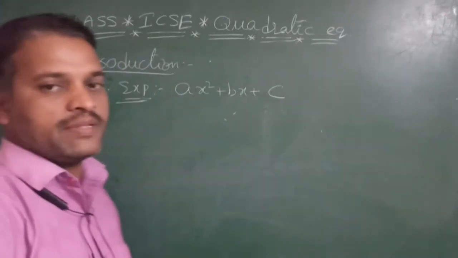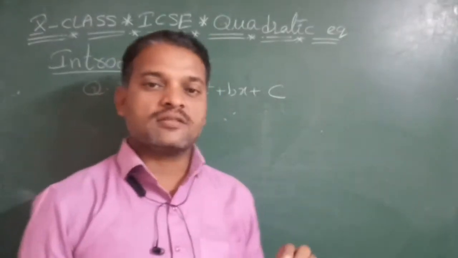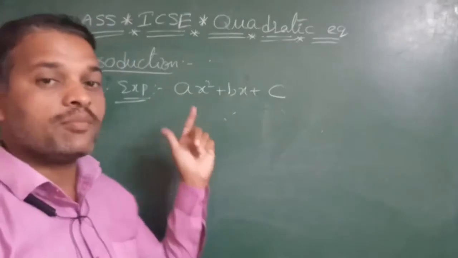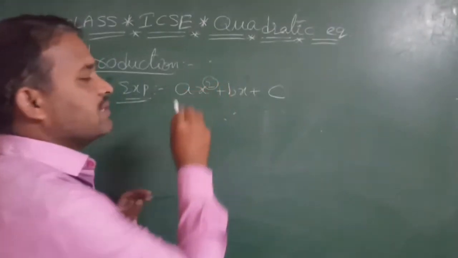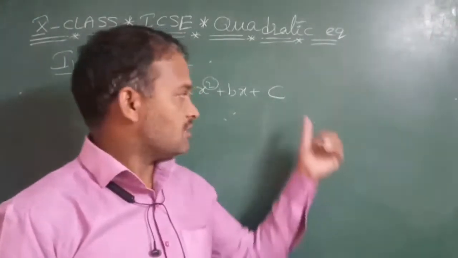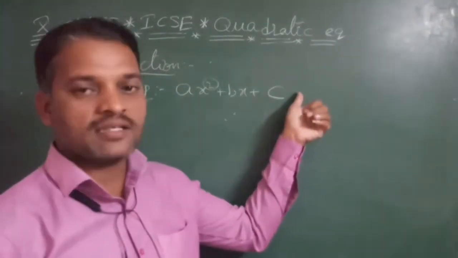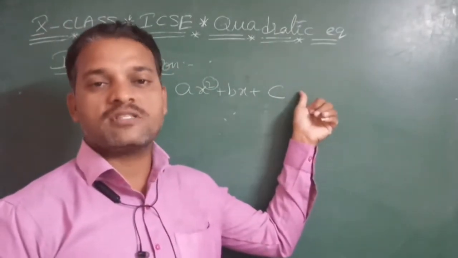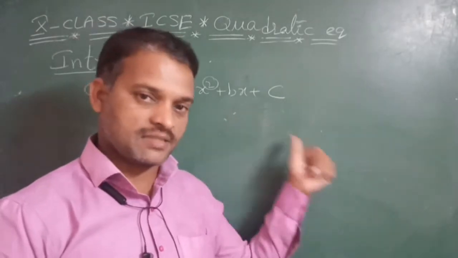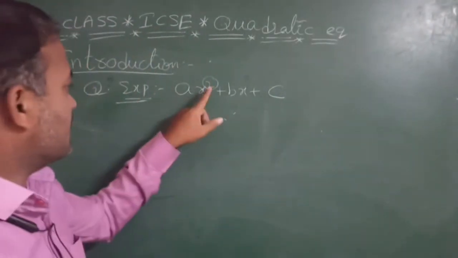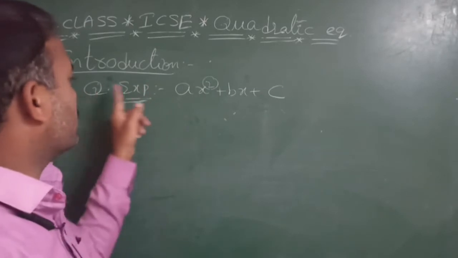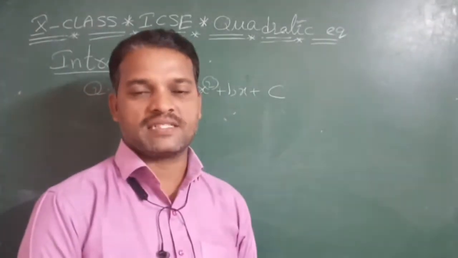It is a polynomial, and a polynomial of degree 2 is called quadratic. But here there is no equal to 0, that's why this is called an expression, a second degree or quadratic expression.